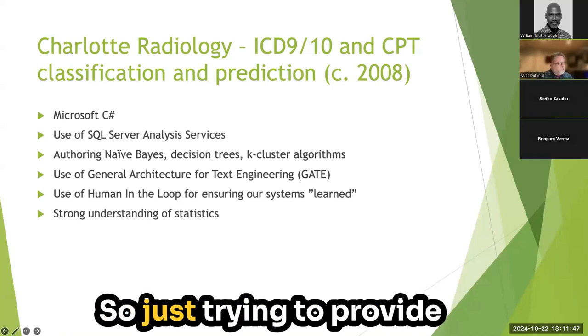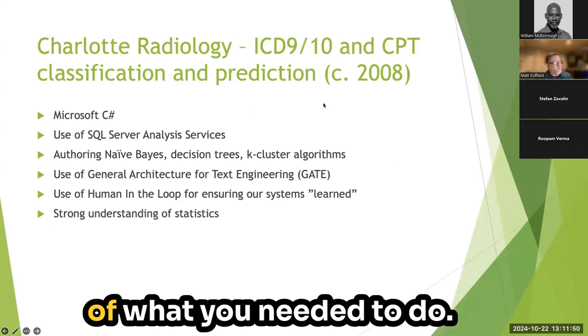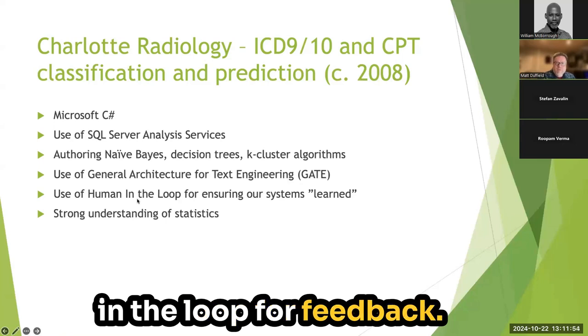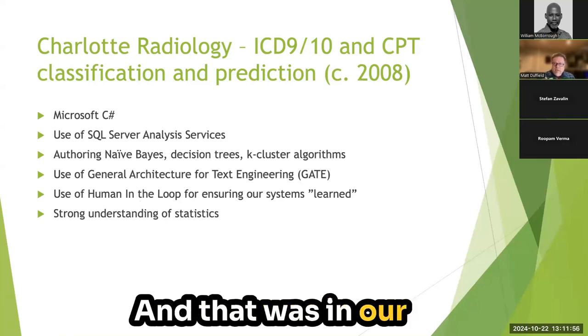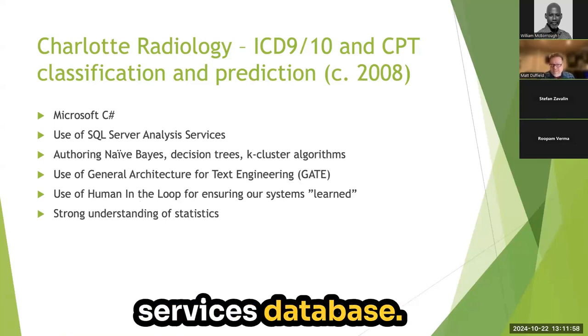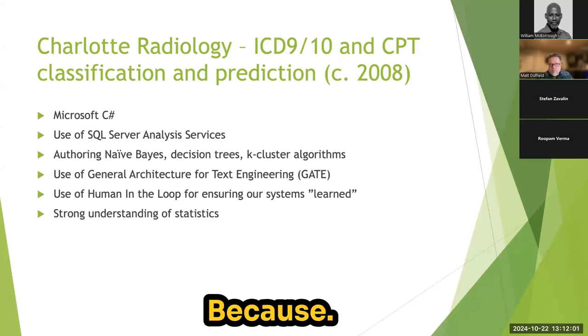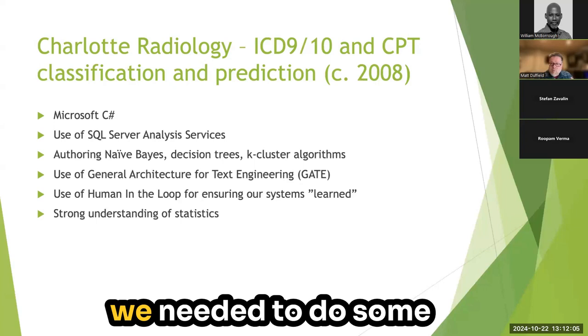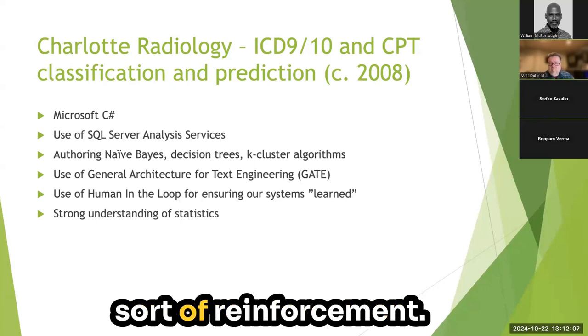So that's just a little background of what you needed to do. Then we used something called human in the loop for feedback, in our SQL Server Analysis Services database. Because machine learning is basically just statistics, we needed some sort of reinforcement.